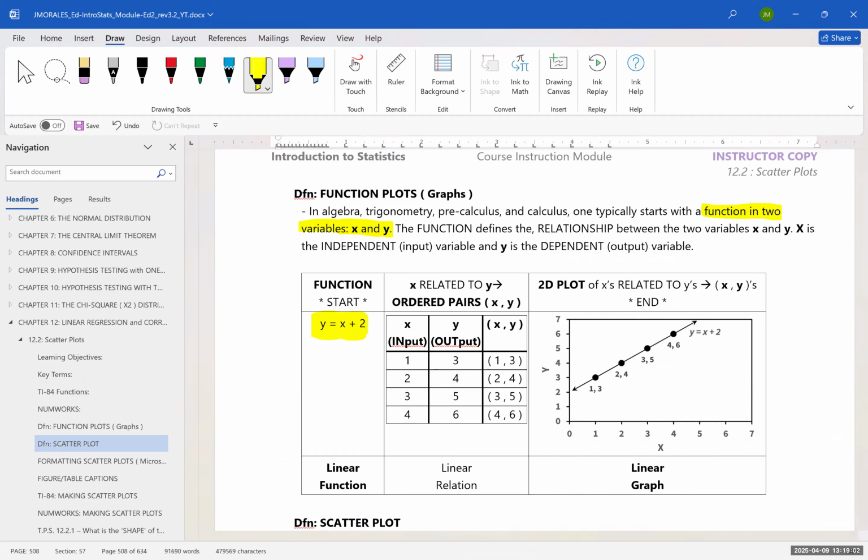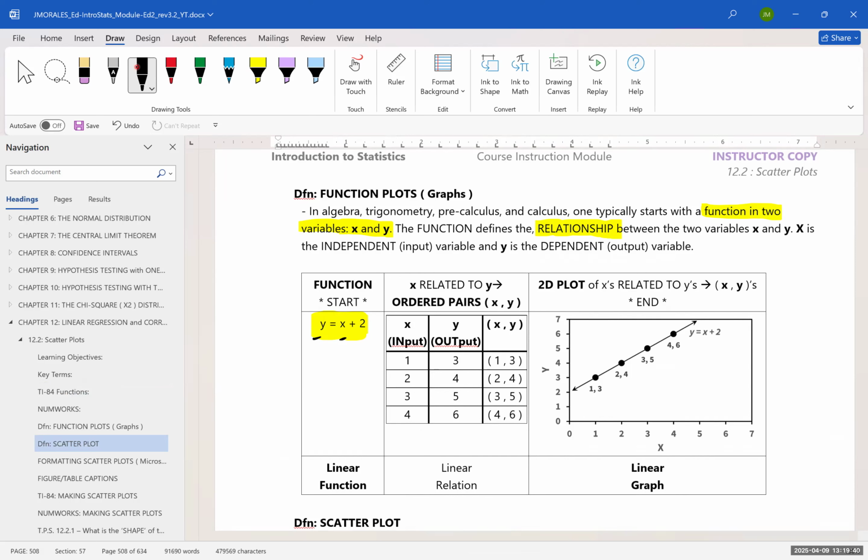Now, the reason why it's describing a relationship is that this is an equation. The relationship comes from the statement in this equation that y is equal to some value of x. So if you put in a value of x, it's going to output a value of y. That's the relationship.